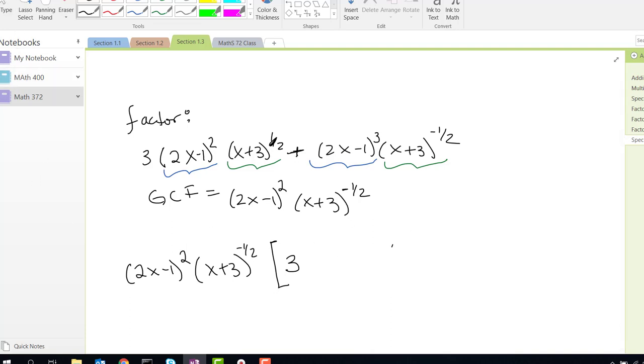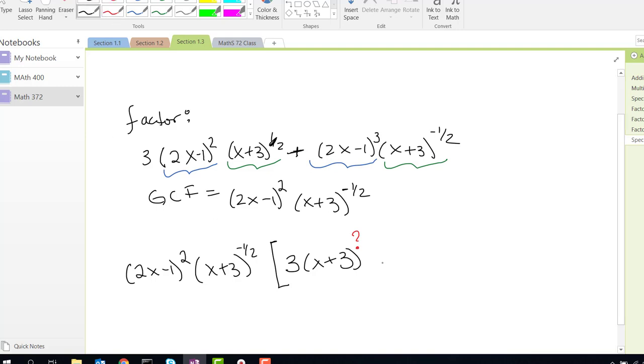So I have the 3, the (2x minus 1) squared is gone, and from (x plus 3) to the 1 half, we took out (x plus 3) to the negative 1 half. So the question is, what exponent does this quantity x plus 3 have, so that when I multiply it by this, I get a positive 1 half?